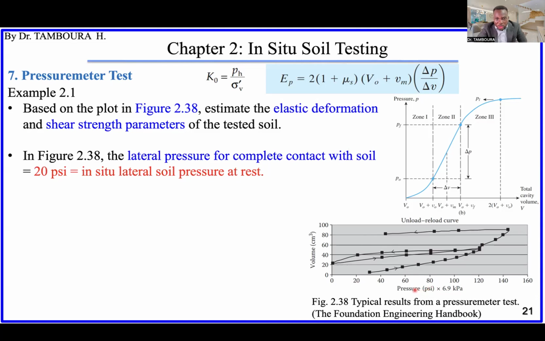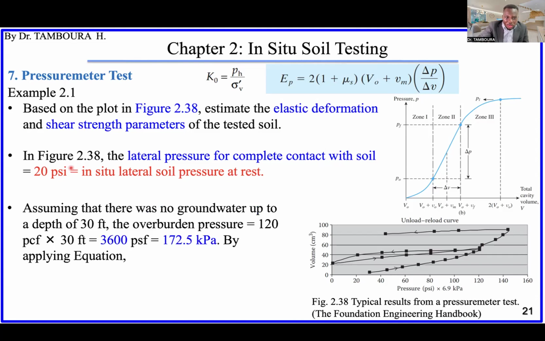This one is imperial unit, not international system. But this one is, fortunately, in cubic centimeters. So this 20 here corresponds to this P0 or again pH. So from that, we can say that the in situ lateral soil pressure at rest is 20.